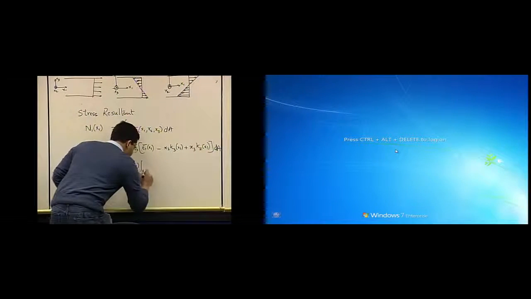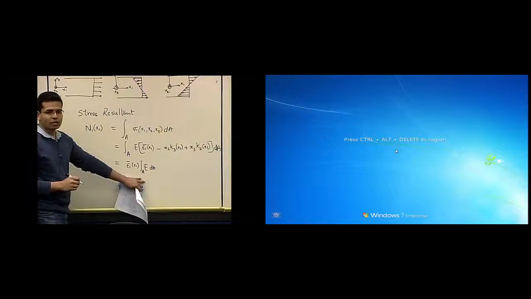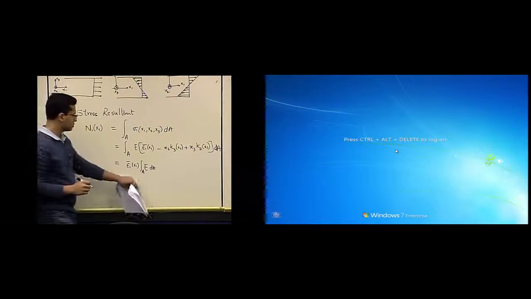And then we just simplify this expression. So we have epsilon 1 bar of x1 times the integral over the area of E dA. This assumes that E may not be uniform, so it's not for a uniform material.